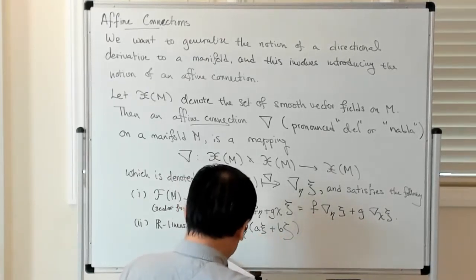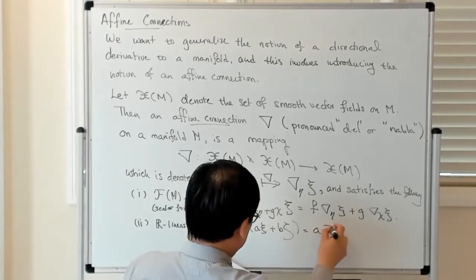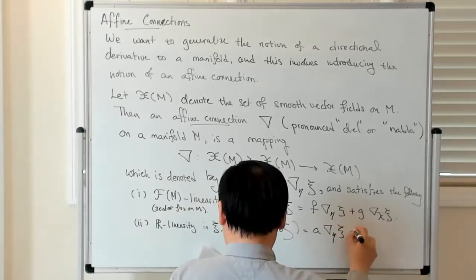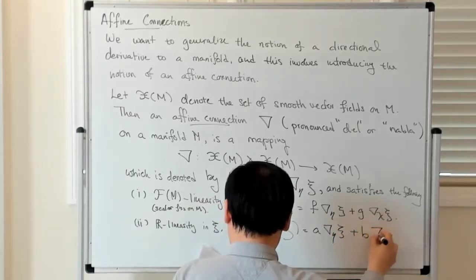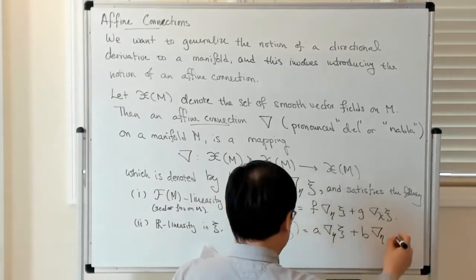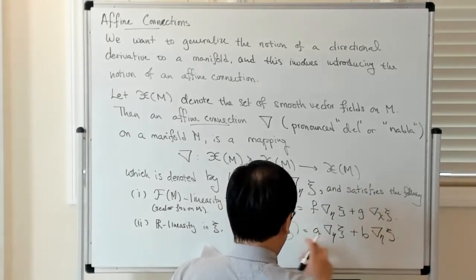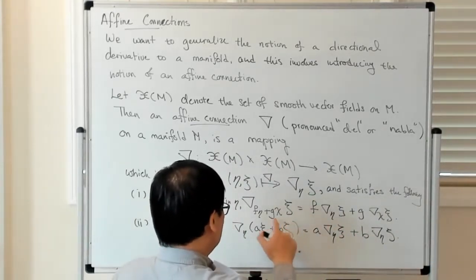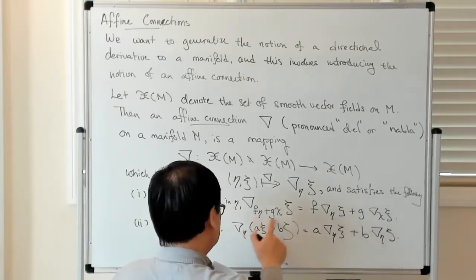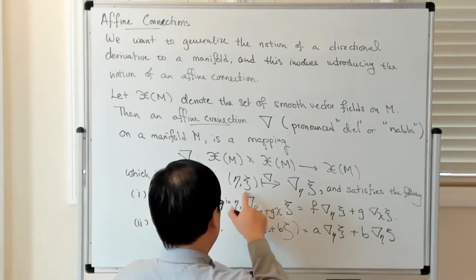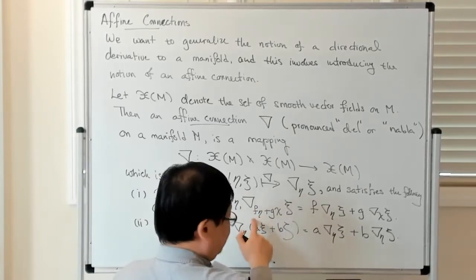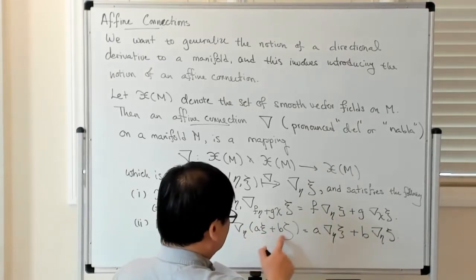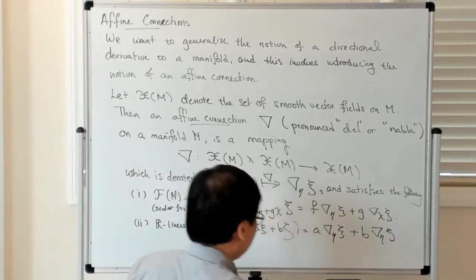So A and B have to be constants here. So in both cases, you can treat this as being defined in this pointwise sense. But the main issue is that whereas in the first slot you're allowed to have the weights change from point to point of the manifold, in the second one those weights have to be constant over the entire manifold.